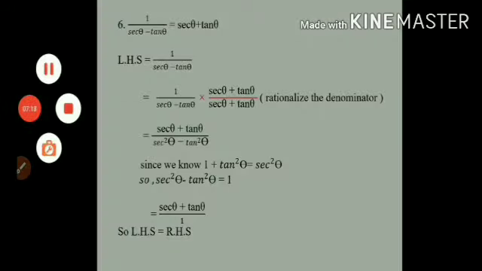Question number 9. Now see, question number 9 is, if tan theta plus 1 upon tan theta is equal to 2, then show that tan square theta plus 1 upon tan square theta is equal to 2. Now it is clearly seen, square is given, so the first step will be squaring both the sides.